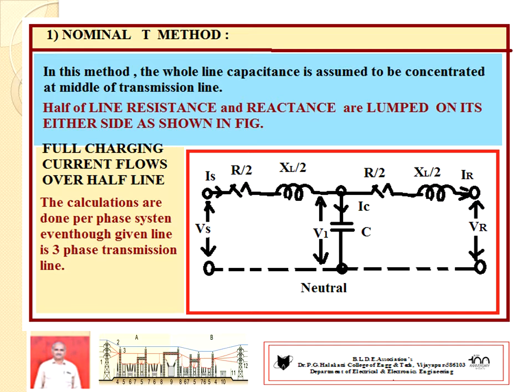For analysis of the three-phase line, we consider a single-phase system, that means one line and one neutral. Capacitance is connected from line to neutral. C is the capacitance, IC is the current flowing through the capacitance, and V1 is the voltage across the capacitance, as shown in the figure.